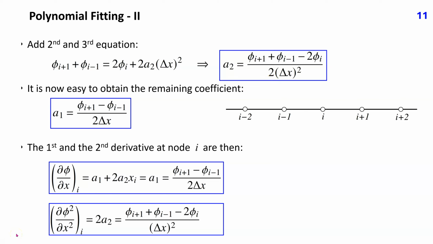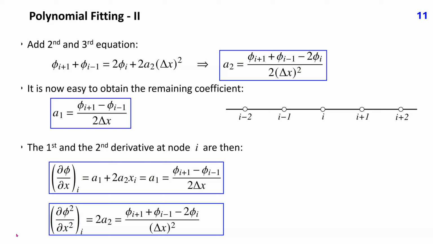Now that we have all three coefficients of the polynomial, we can easily obtain approximations for both the first and the second derivative. We first differentiate the polynomial analytically, and then in the analytical expression for polynomial derivatives, insert the local coordinate value at node i, which is here 0, and the expressions for the required coefficients.